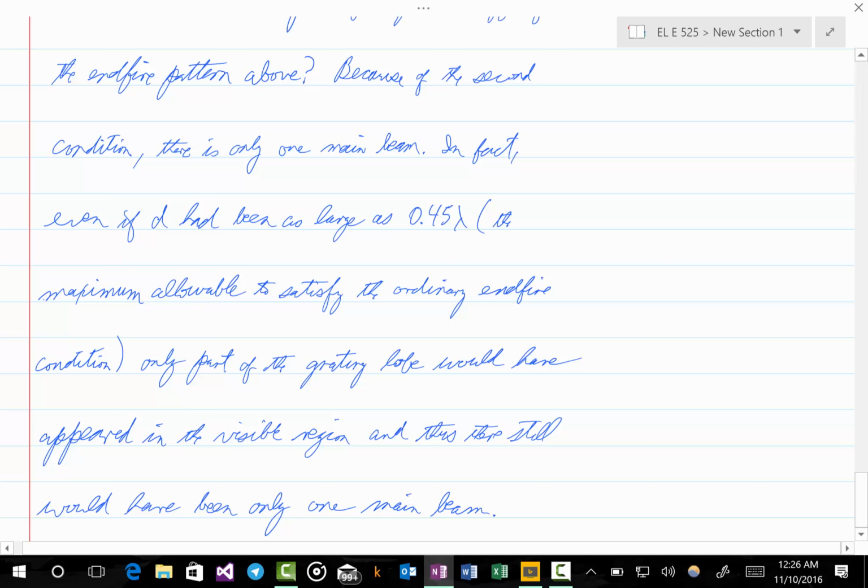It asks you to choose the maximum d to satisfy the ordinary Endfire conditions, and then it asks you what alpha and d will be for that array, and finally it asks you what the magnitude of the pattern will be in the opposite of the desired Endfire direction. So you'll see all of those details once you get to the test. But that concludes the video for lecture 18, and so good luck.